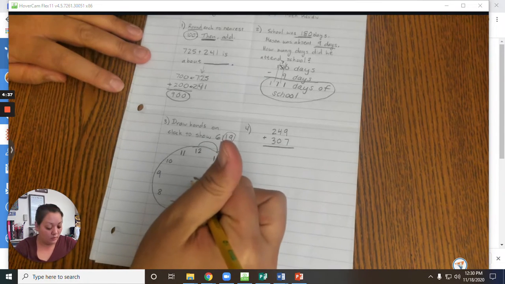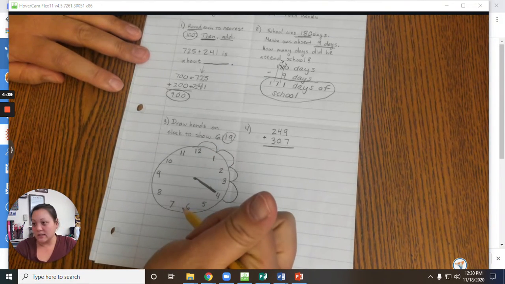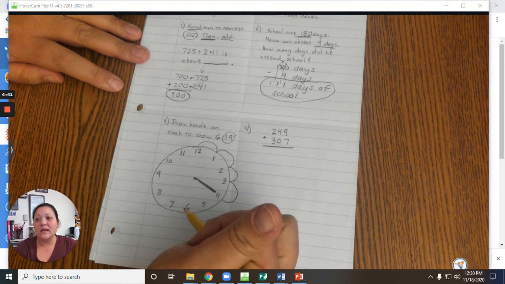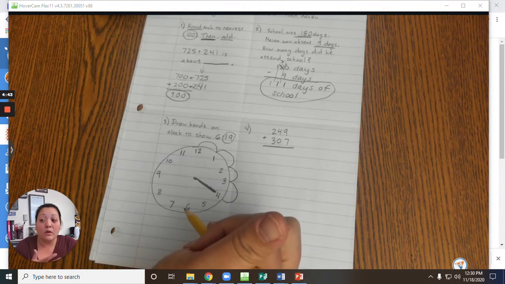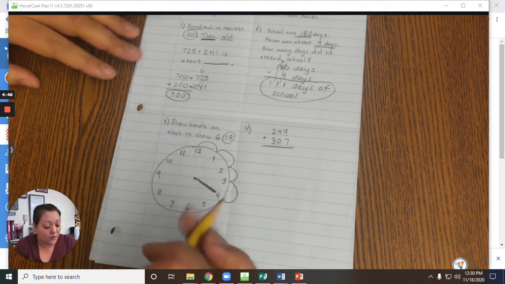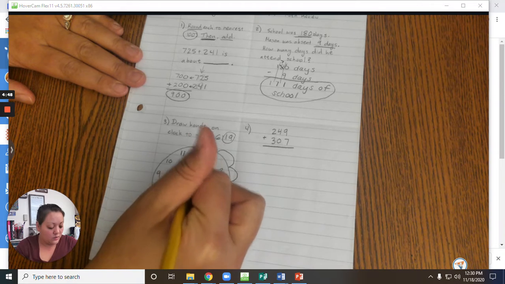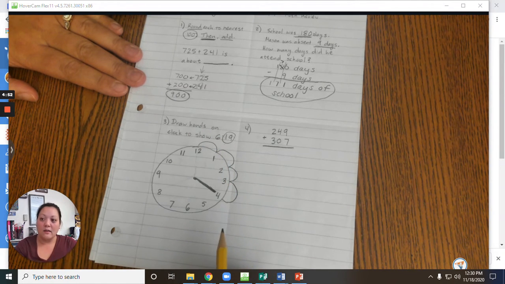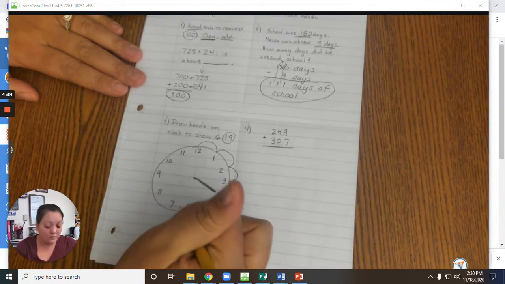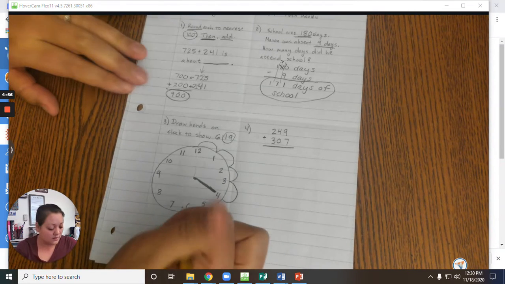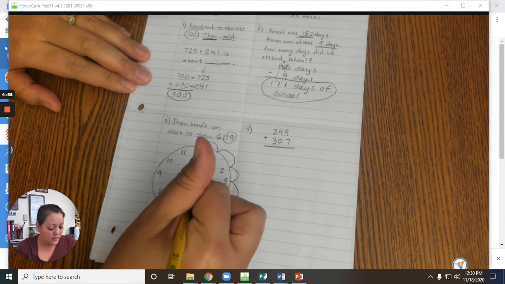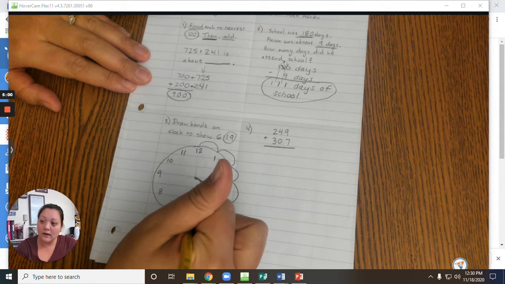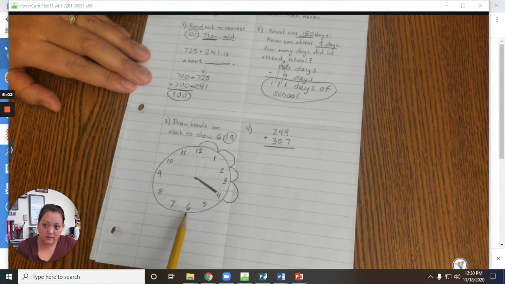Now you could just put the short hand pointing at the 6, but we know that 19 minutes is about 1/3, because here's 1/3, here's the other third, have passed. So if I was being really precise, I know that my short hand is going to be on the 6, or near the 6, but between the 6 and 7, not quite to the 7.